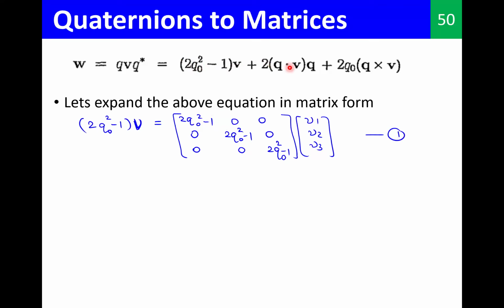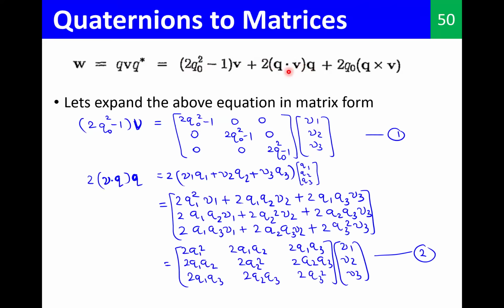Then if I look at this guy, that again I can write it like this. So I have 2. This is the dot product: V1, Q1, V2, Q2, V3, Q3. And then I have the vector part of the quaternion Q1, Q2, Q3, and write down the 3 lines like this: 2, V1, Q1, Q1.